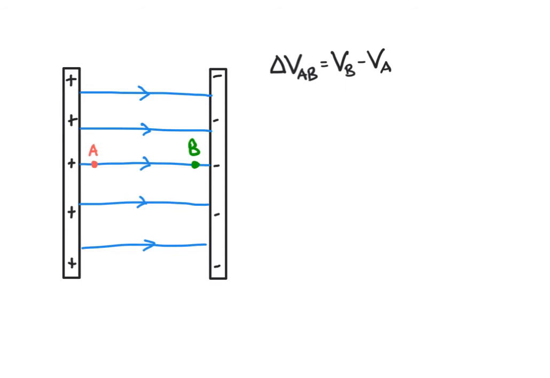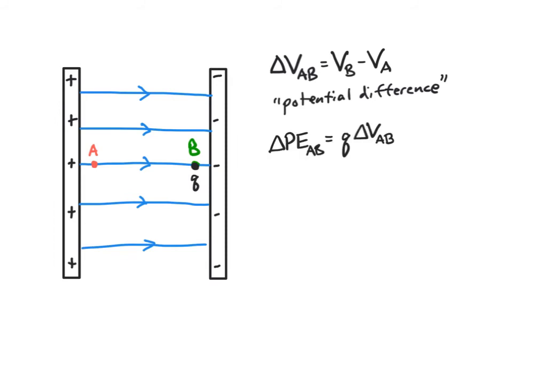And we call this the potential difference. We can use this to calculate changes in potential energy. So for example, if you imagine placing a charge at point A, and we want to know how is its potential energy going to change if it moves from A to B, we can relate that to the potential difference between points A and B.